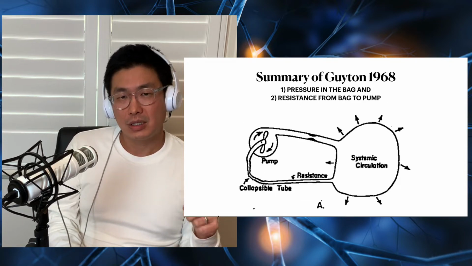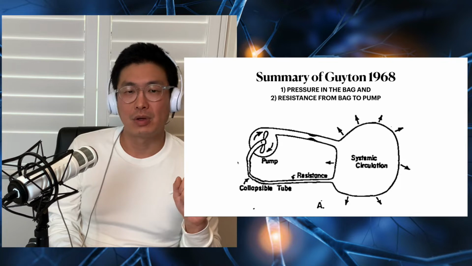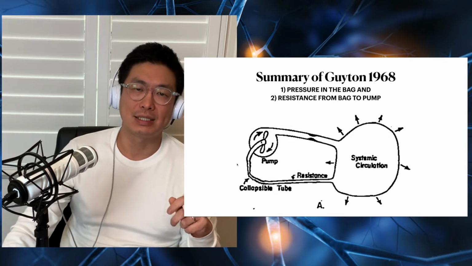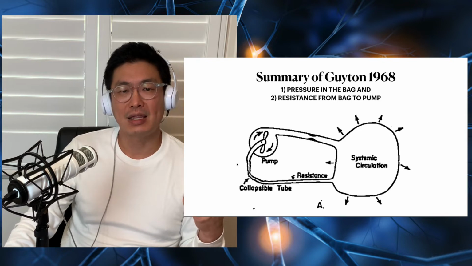Now, this is a diagram in this article which shows two concepts. So they've got the idea that what's important here is the pressure in the bag. And then the second thing is the resistance from the bag to the pump.